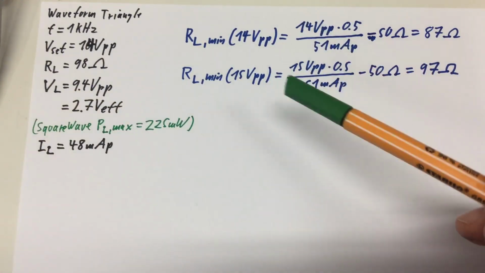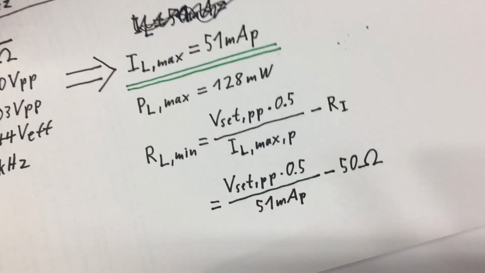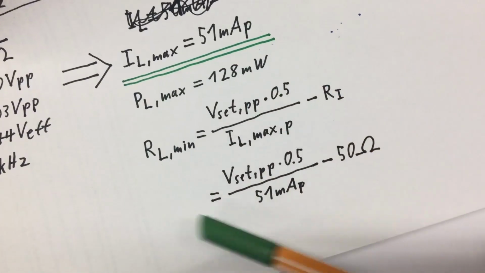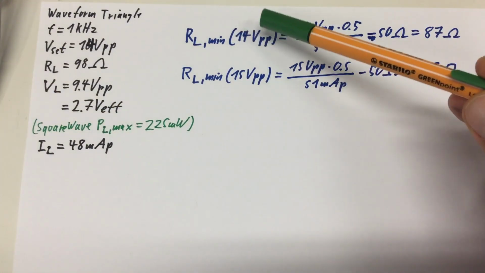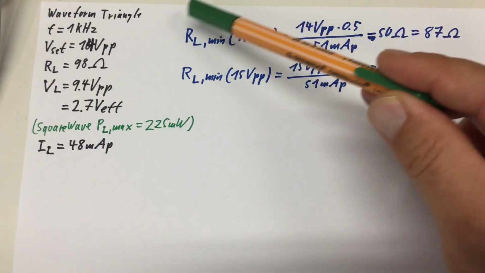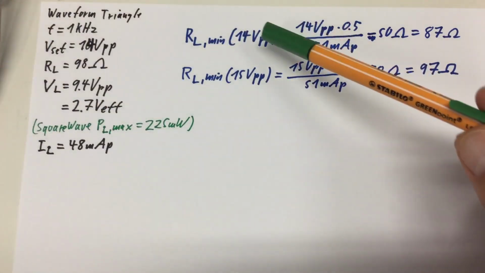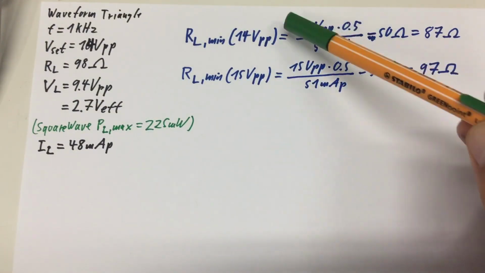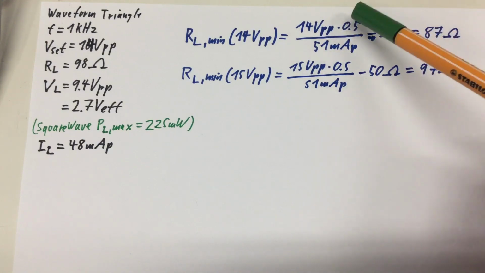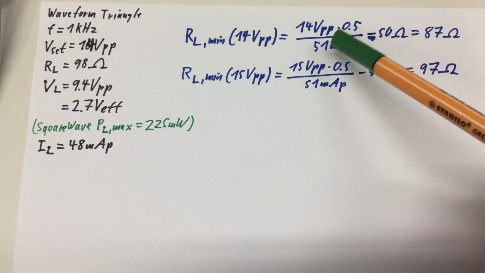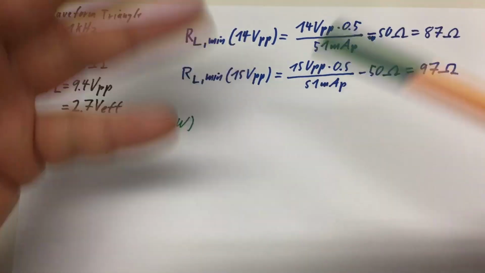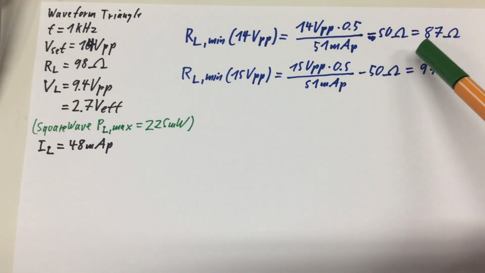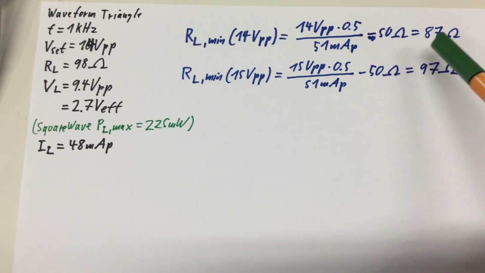Well, the formula I developed only a few cuts ago obviously doesn't work. For 14 volts peak to peak, we should have been able to use a minimum load resistance of 14 volts peak to peak, times 0.5, divided by our 51 milliamps maximum current, minus 50 ohms internal impedance. That is a minimum external load of 87 ohms.